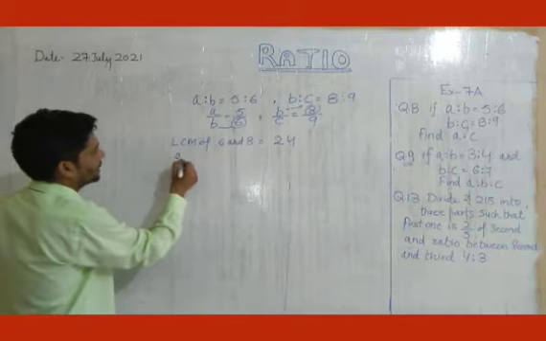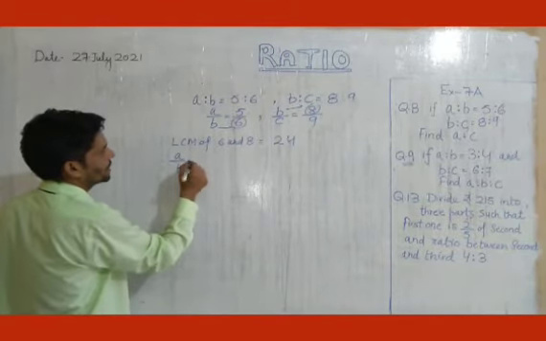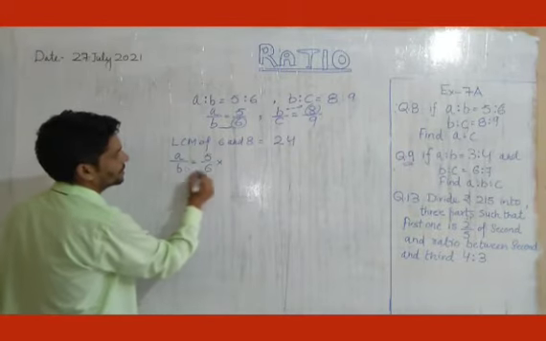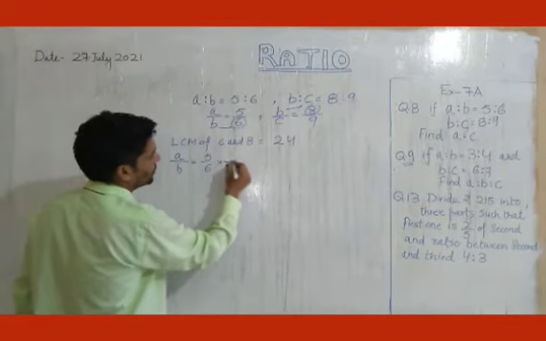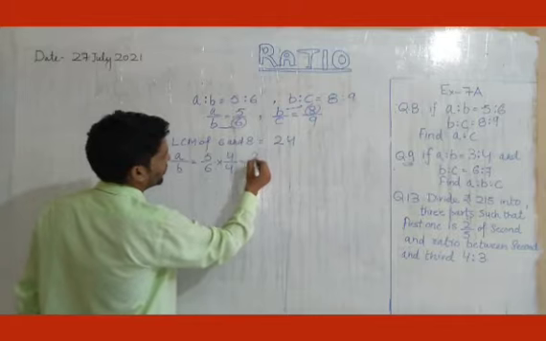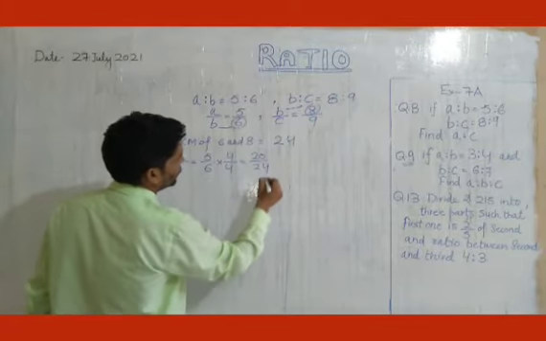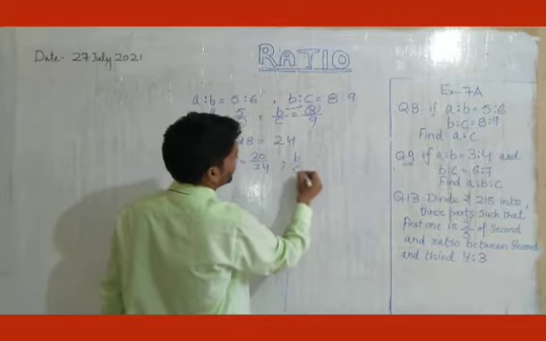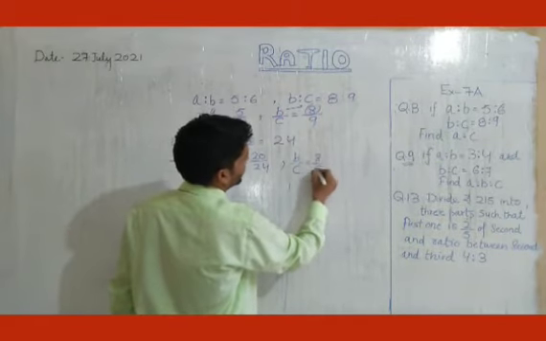A divided by B is 5 by 6. To make this B 24, we have to multiply it with 4. It comes 20 by 24. And B by C is 8 by 9.